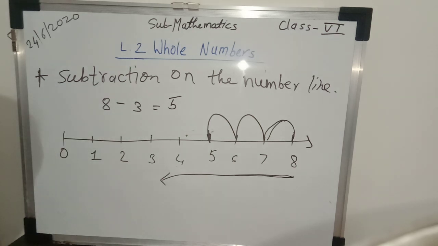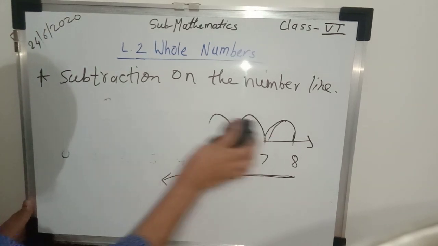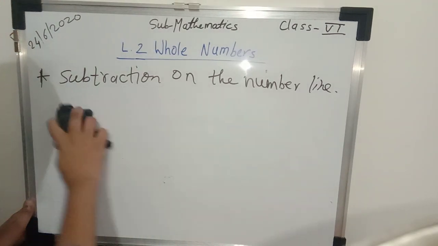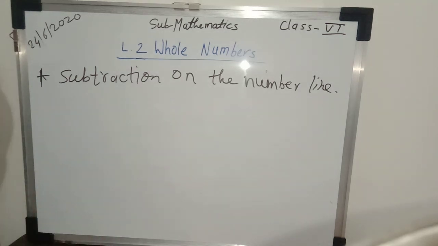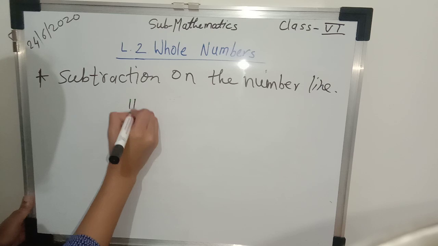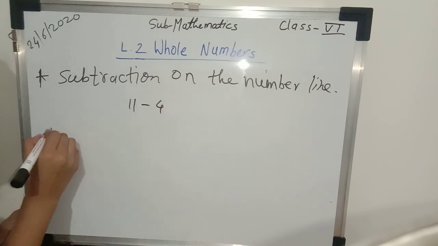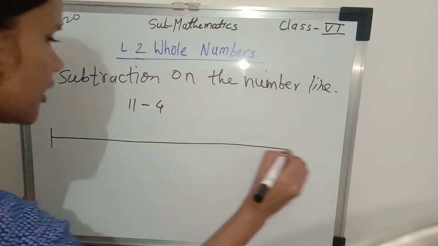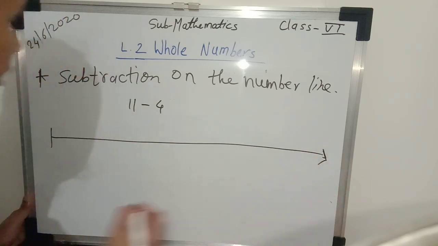Now let's take one more example to understand it better. Let's take 11 minus 4. Whenever the numbers increase, you have to extend the number line.